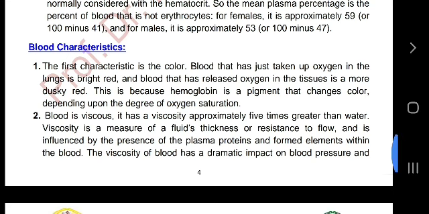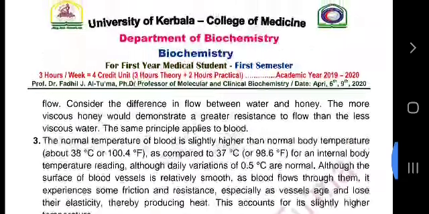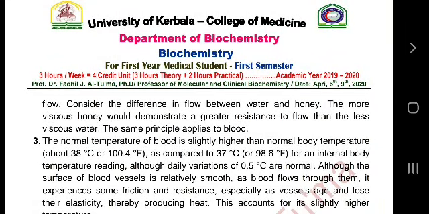The viscosity of the blood has a dramatic impact on blood pressure and flow. Consider the difference in flow between water and honey. The more viscous honey would demonstrate a greater resistance to flow than the less viscous water. The same principle applies to blood.